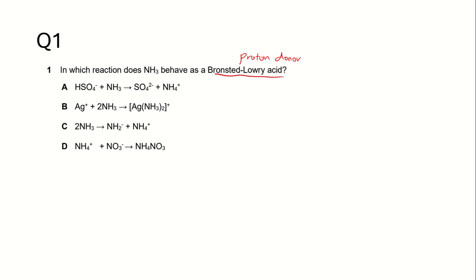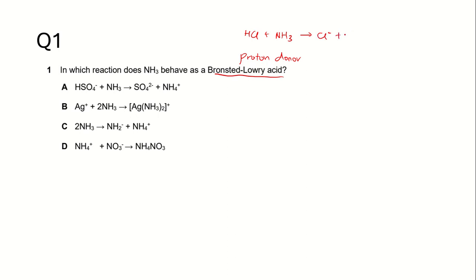So what does it mean by proton donor? Okay, let's use HCl as example because it's the most common acid that you know, and it's a strong acid. So HCl, if it reacts with ammonia, HCl donates a proton, so it becomes chloride, it lost a proton, right?